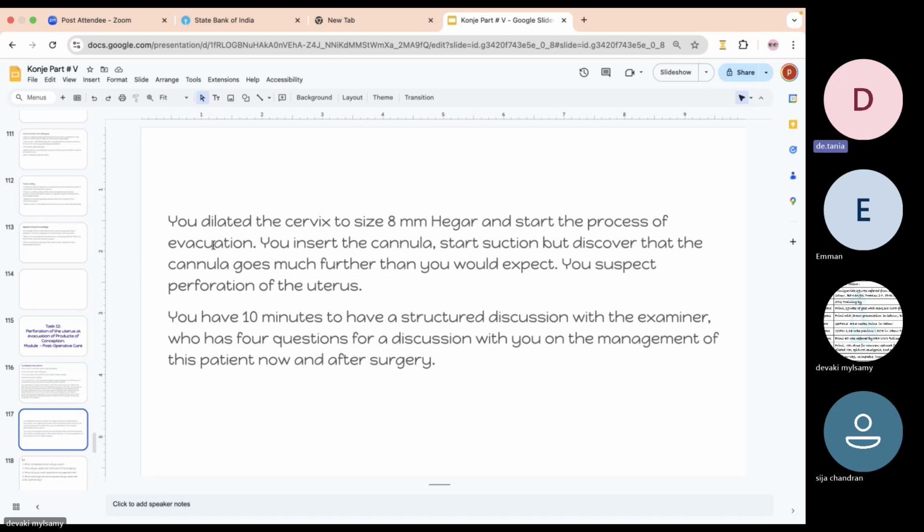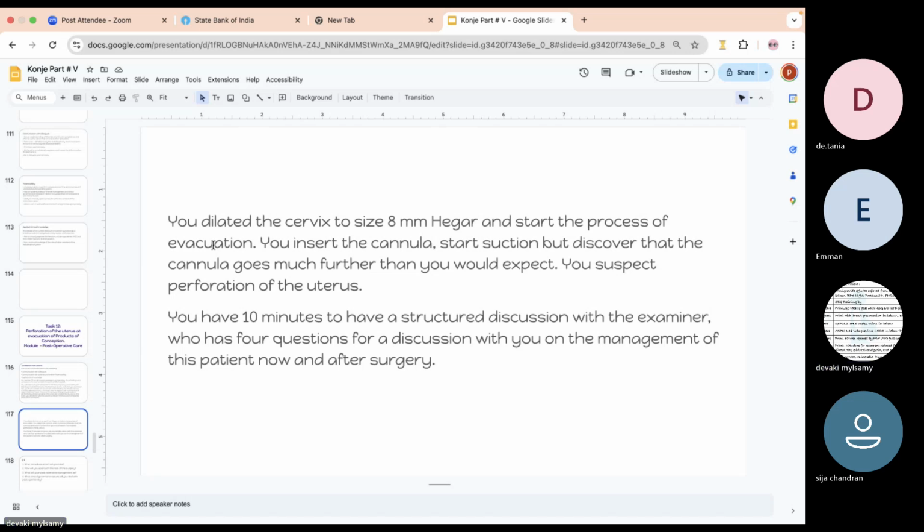We need to involve the specialty to repair that. If it is possible laparoscopically we can do it, otherwise we need to do a laparotomy to repair it. And also prophylactic antibiotic will be given to prevent infection after checking allergy.